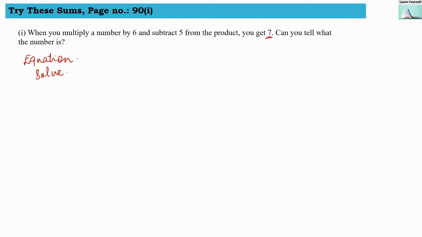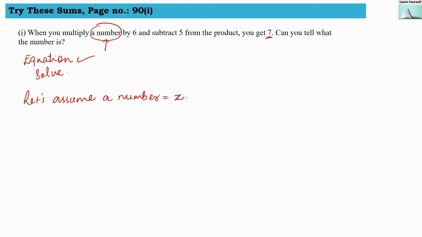So let us first try to frame the equation from this given detail. We do not know a number. What is this number we do not know? Let us assume a number equals x. So whatever they have said here, a number that we are assuming is x. So a number by 6.